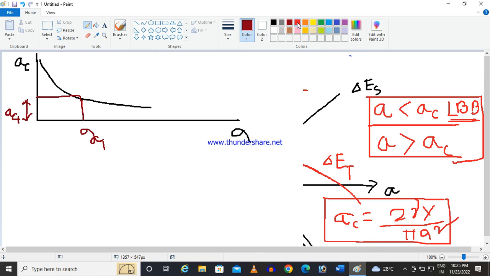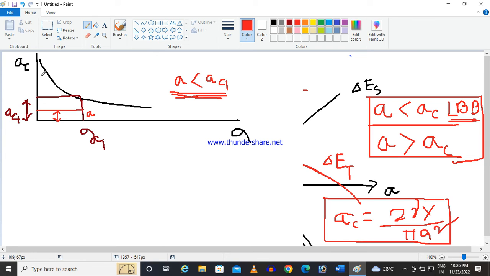Now say there is some crack whose length is this much, so this is my crack length. If there is an applied stress also, but my crack length is lesser than the critical crack size, this will not propagate. At most it will leak.